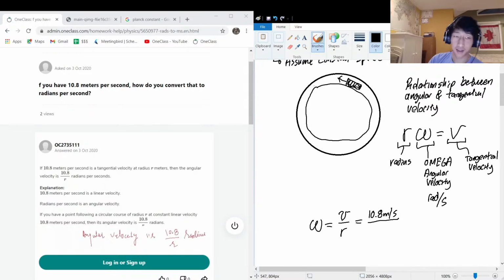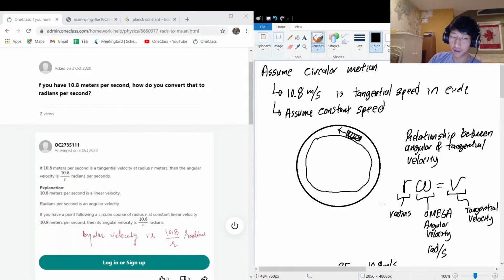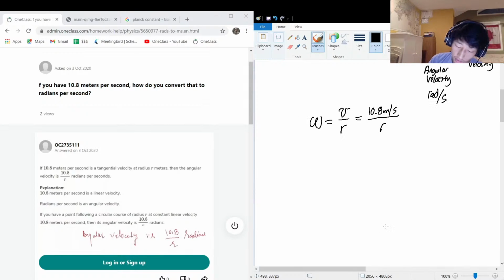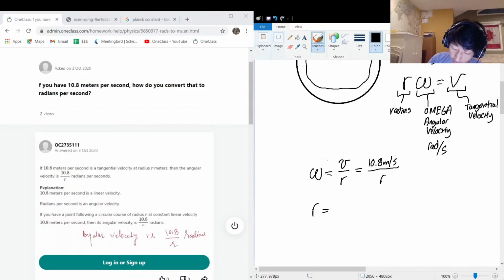And radius, well, they didn't tell us. So we would need to be given a radius value to be able to solve for angular velocity. Or if we wanted to, we could also solve for radius given our angular velocity. We would just have tangential divided by angular. This would be our radius if we wanted to solve that.